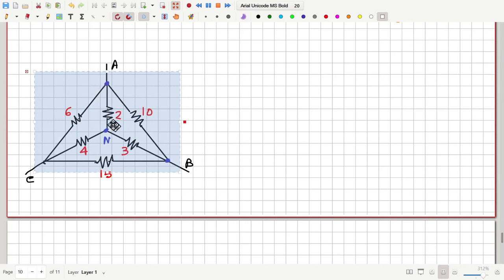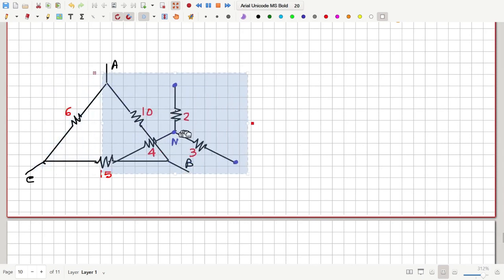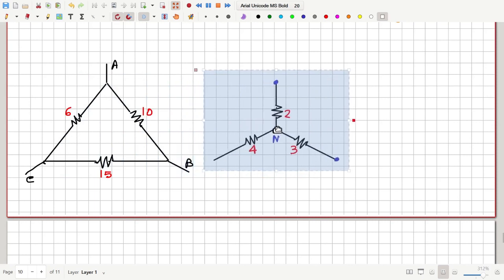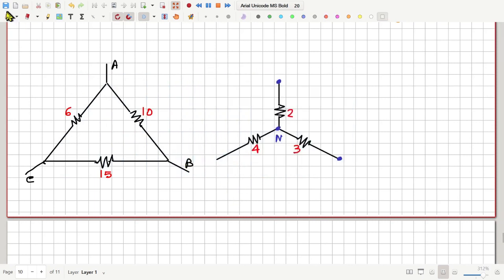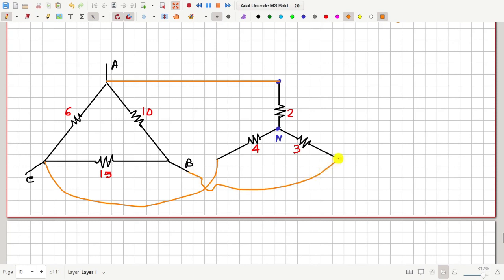So I will remove this, I will move this star portion away from this delta portion, but this point is connected to terminal A, so let me connect them like this, and then this point is connected to terminal C, so let me connect it like this, and then finally this is connected to terminal B. So this is B, this is A, and this is C. This is the same as the original circuit, but drawn in a different way.